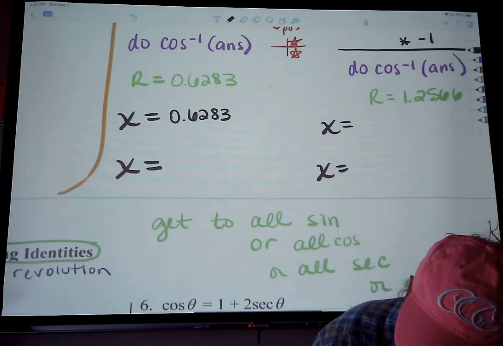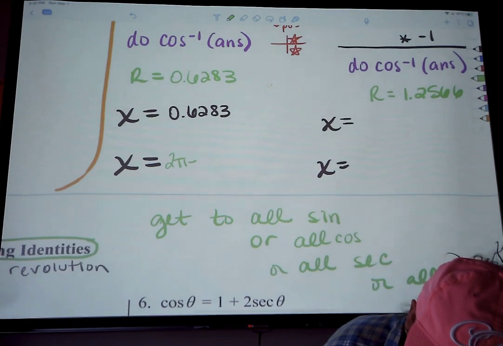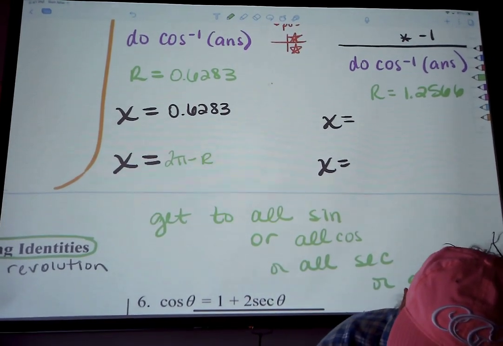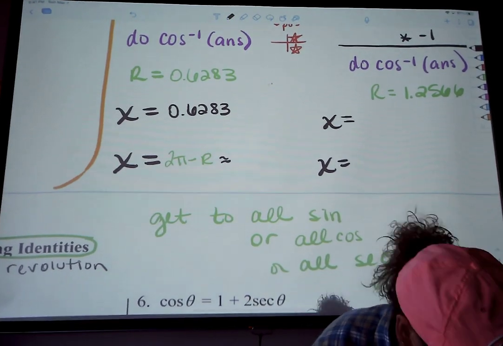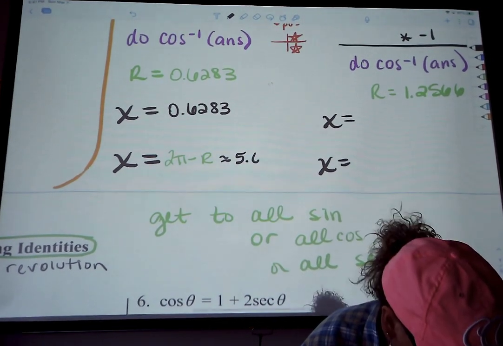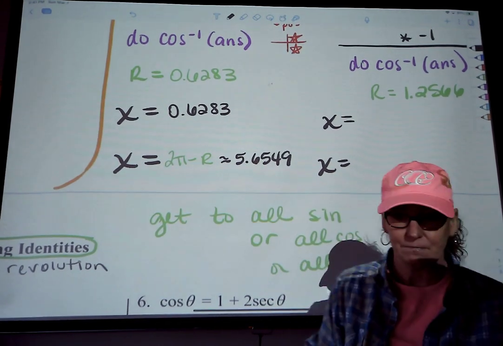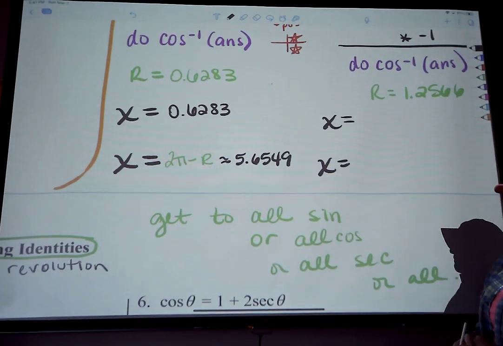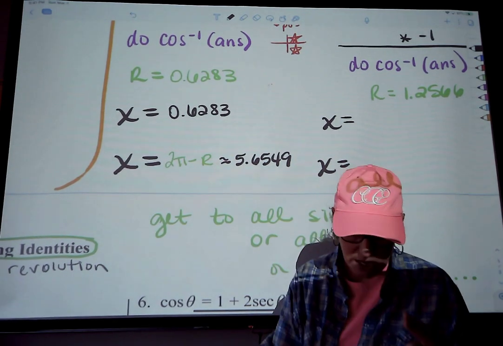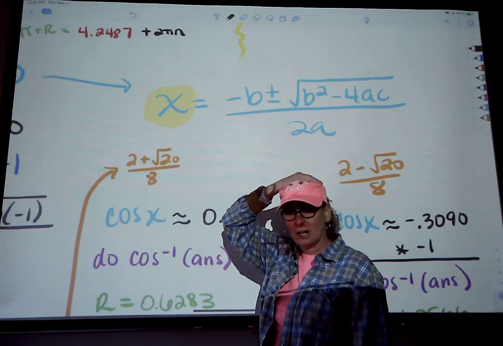So to get your quadrant 4 answer, I'm going to go 2 pi minus my reference, and I got about 5.6549. Those are my two answers that came from 2 plus radical 20 over 8.